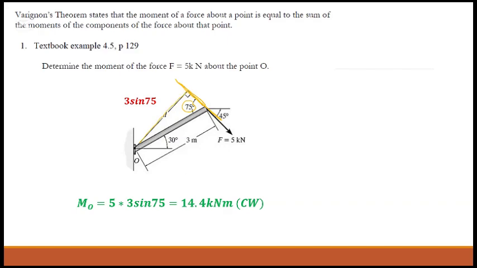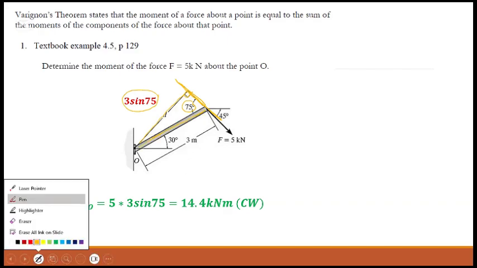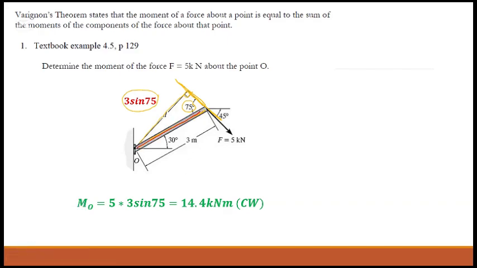And if you draw a perpendicular line, this is the perpendicular line. This distance here is 3, and this angle is 75. So if you take 3 sine 75, that is this one. Okay, so you can do it like that. If you think, it is the easiest way.